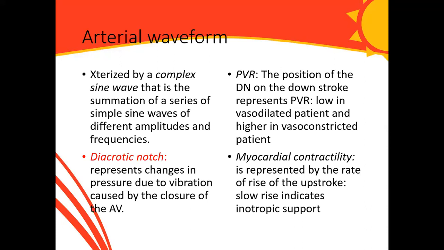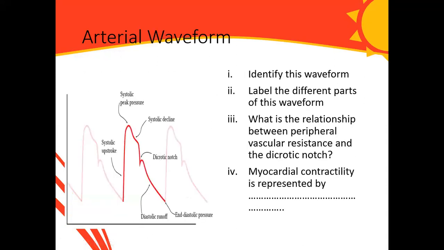All right, the dicrotic notch is low in a vasodilated patient and is higher in a vasoconstricted patient. So the position of the dicrotic notch on the downstroke represents whether the patient is vasodilated or vasoconstricted. Let me go back to it. All right. Now, this is the systolic decline.